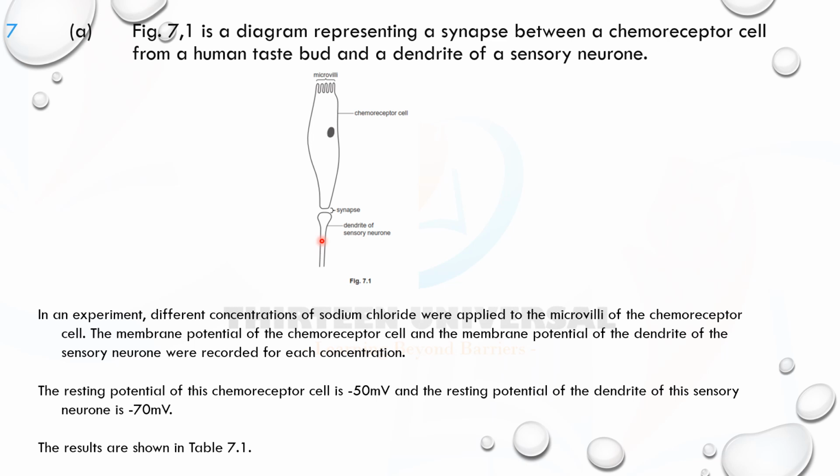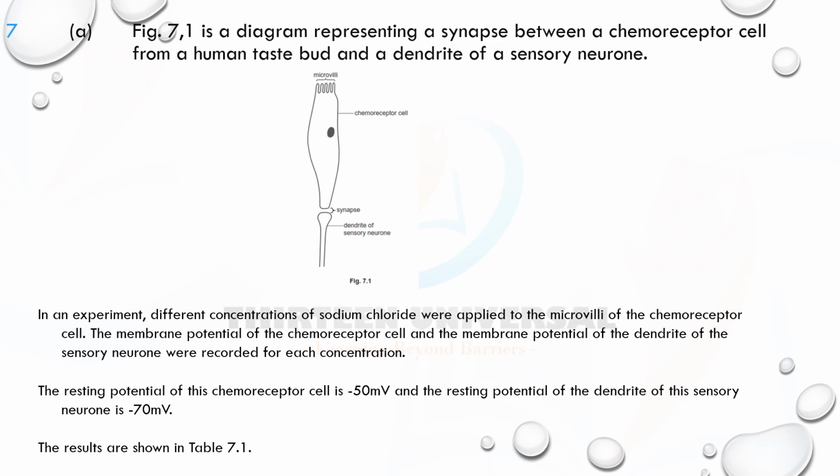In an experiment, different concentrations of sodium chloride were applied to the microvilli of the chemoreceptor cell. The membrane potential of the chemoreceptor cell and the membrane potential of the dendrite of the sensory neuron were recorded for each concentration. Which one is the independent variable here?